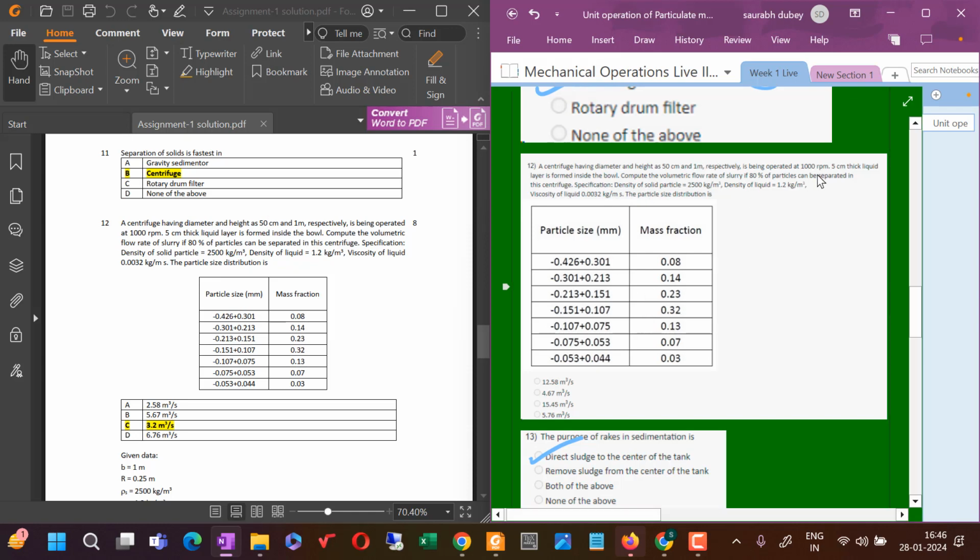Okay, so 5 and 1.5 centimeter. Let me just check it. Compute 80%.